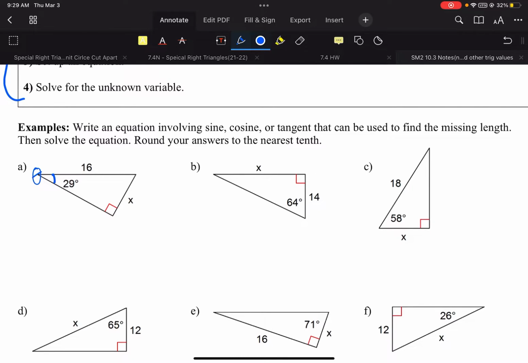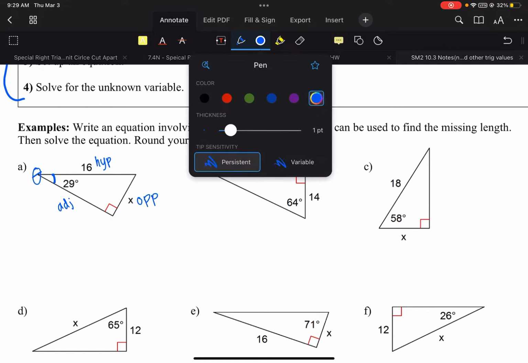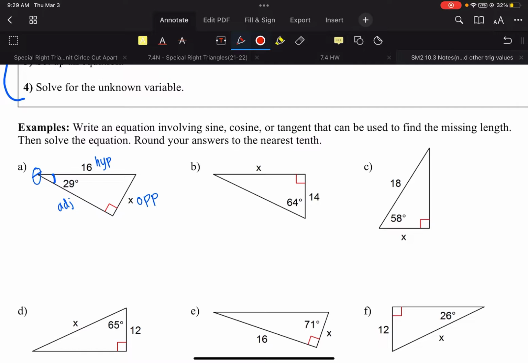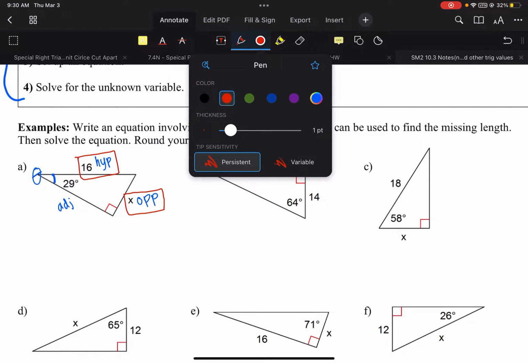I'm going to start by labeling my sides opposite, hypotenuse, and adjacent. Remember that the opposite is across from your theta and the hypotenuse is across from your right angle. Notice that we don't know all of the sides of our triangle. I know the hypotenuse and I care about the opposite. I don't know what the opposite is, but that's what I want to know.